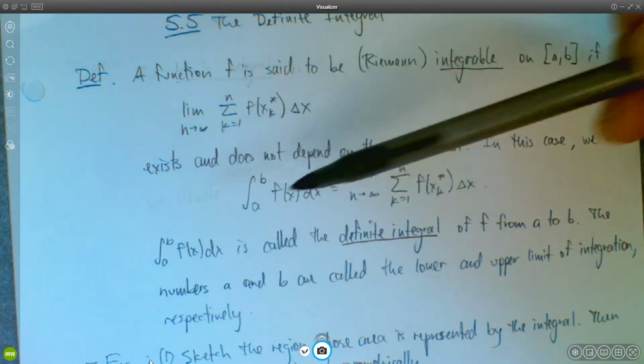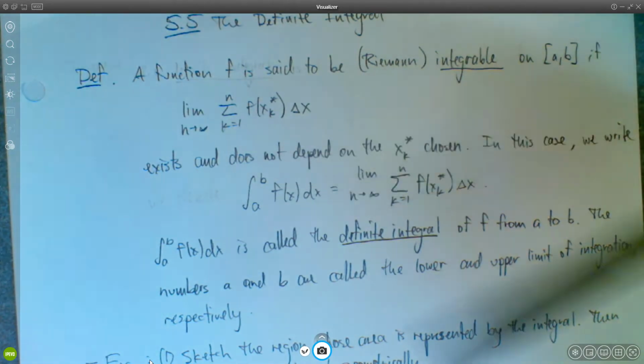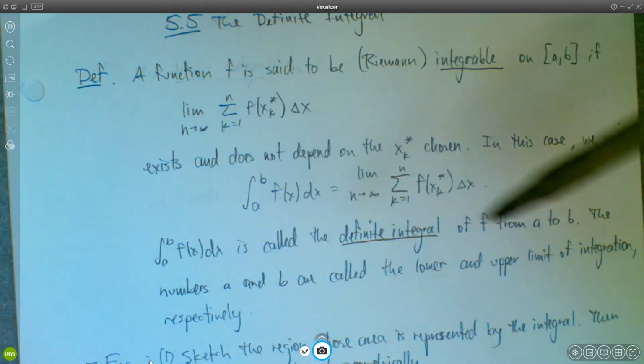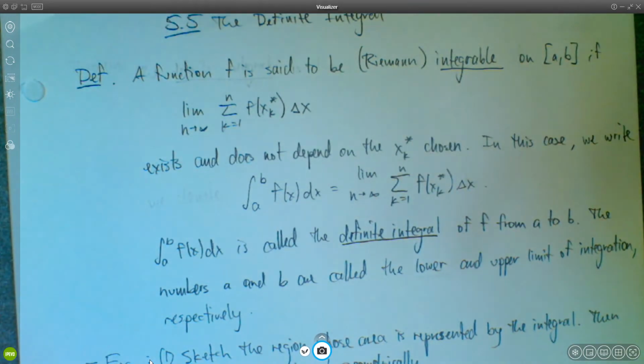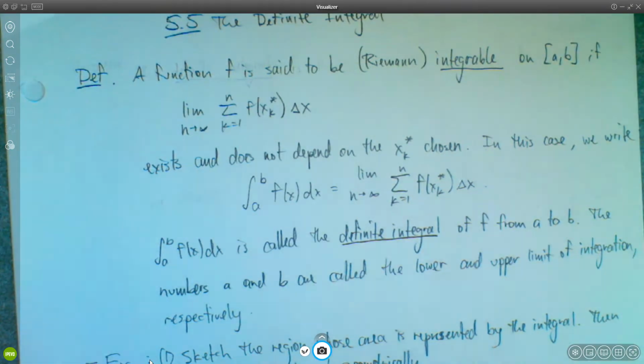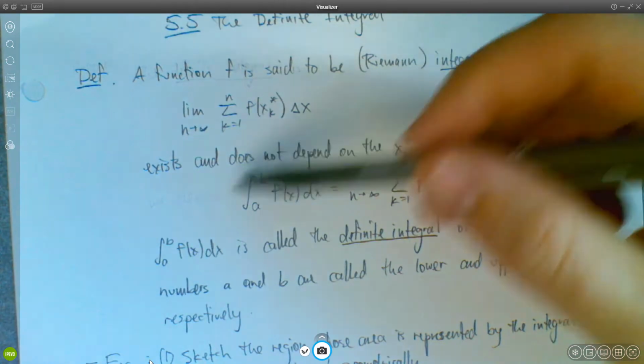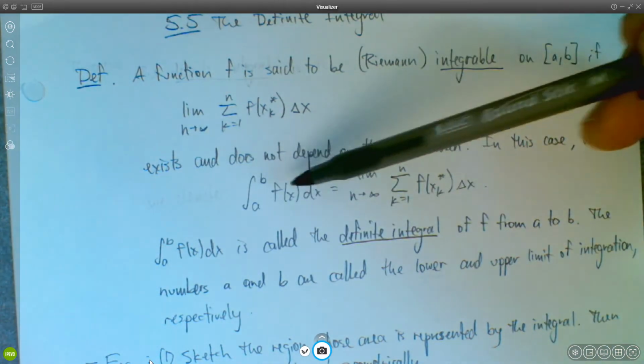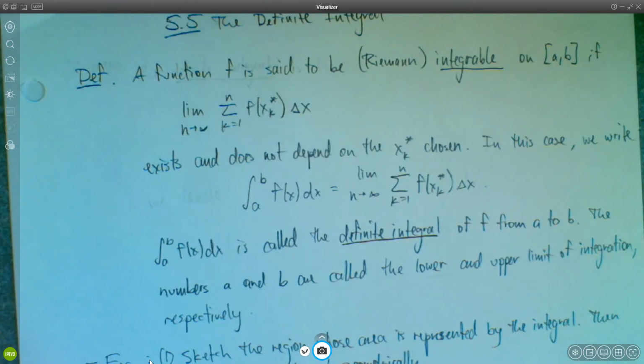You might think, what in the world does anti-differentiation have to do with finding the area between a curve and the x-axis? In the next section, 5.6, we'll see the connection between those two things. But for now, let's just focus on this definition. This is what the definite integral is.